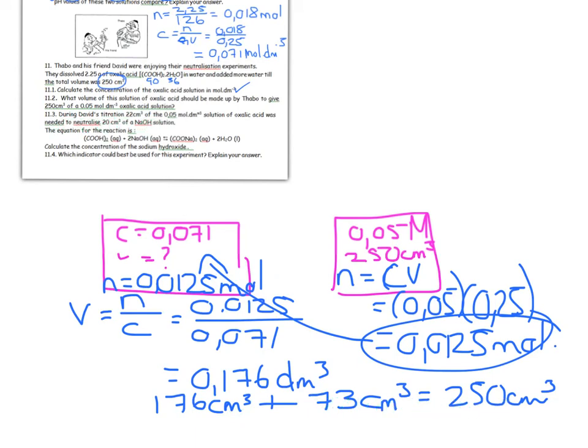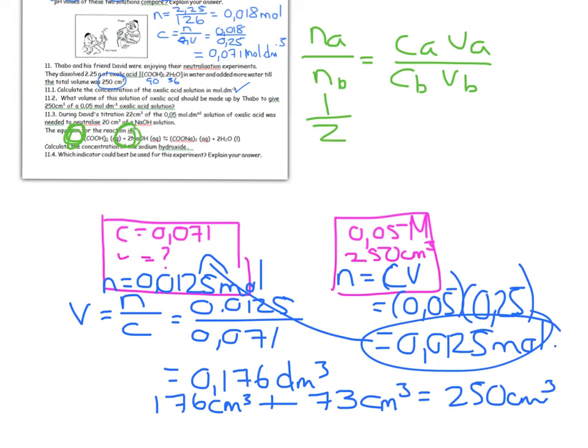During David's titration, 22 centimeters cubed of that solution of oxalic acid was needed to neutralize 20 centimeters cubed of sodium hydroxide. They give me a balanced equation. It's a 1:2 ratio, and I'm going to go number of moles of acid over number of moles of base, concentration of acid, volume of acid, concentration of base, volume of base. Number of moles of acid is 1 from there, number of moles of base is 2 from there, and that is going to be equal to, they're giving me a concentration of oxalic acid at 0,05.